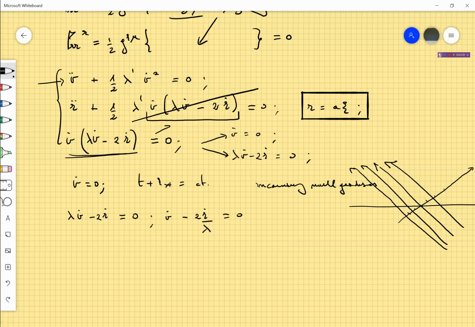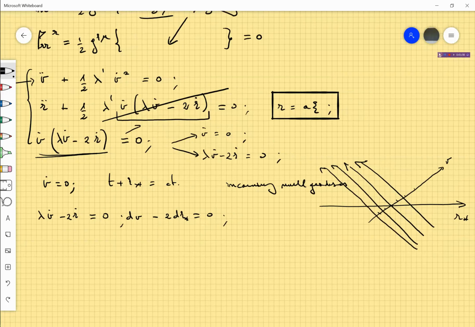And if I multiply all this by d psi, this becomes dv minus 2 dr over lambda. But remember that dr over lambda was the very definition of dr star.